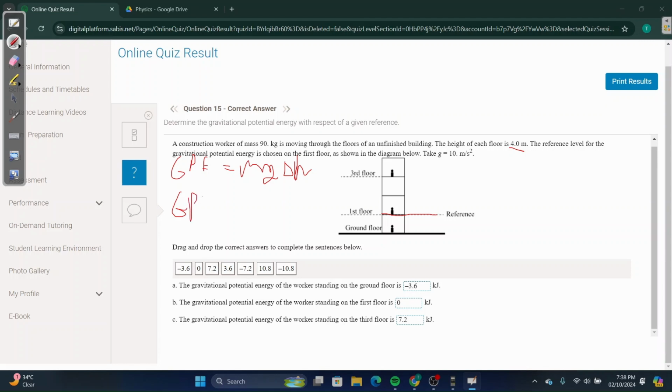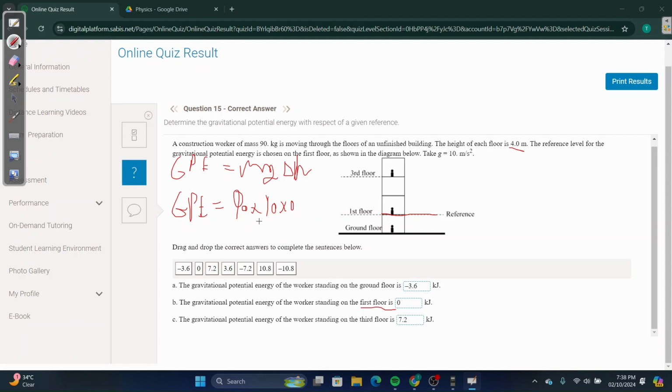GPE of the worker standing on the first floor, so it's gonna be 90 kilos times 10 times 0, because again we took the first floor as reference, and he's standing on the first floor. So the height difference between the first floor and the first floor is 0 meters.